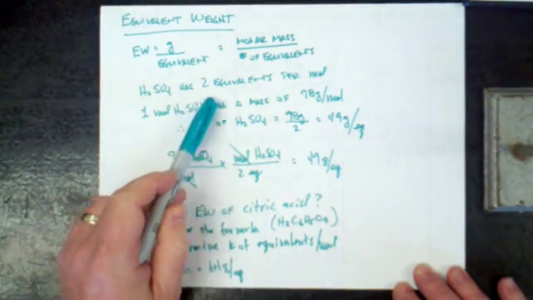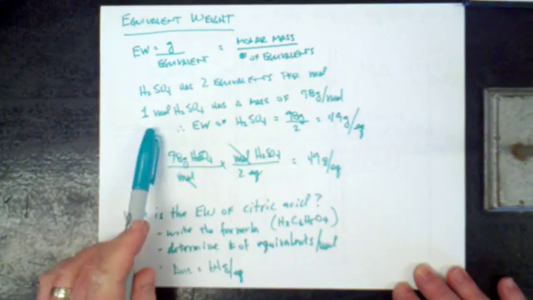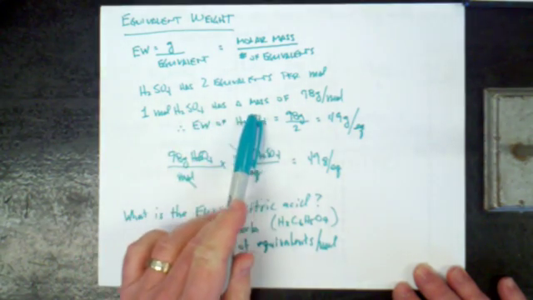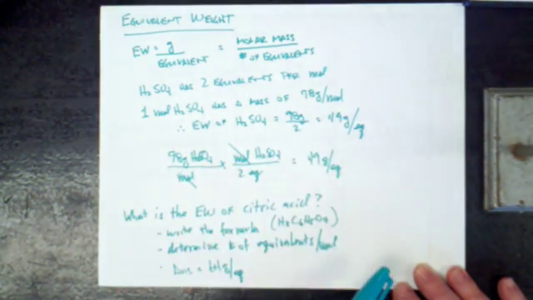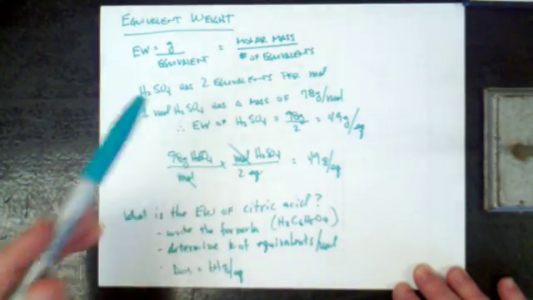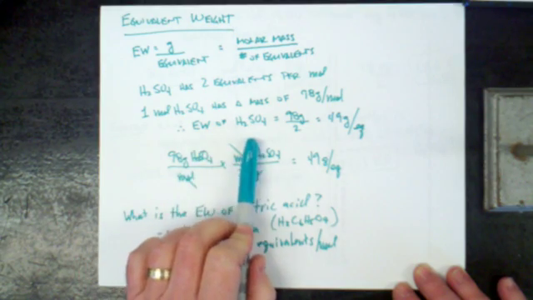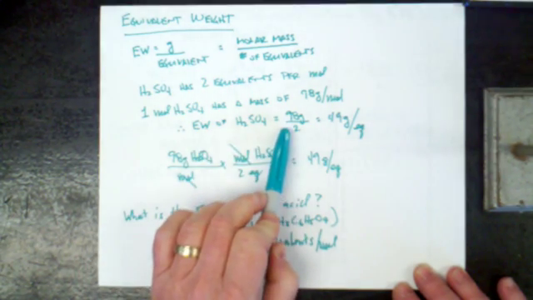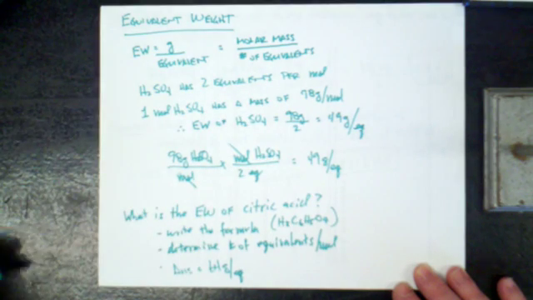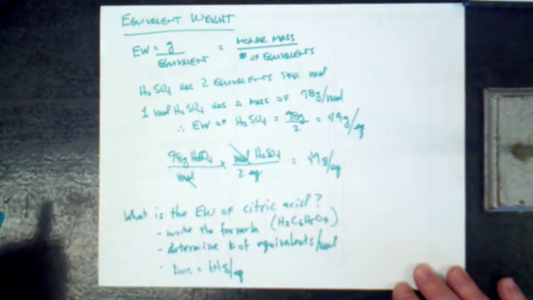So sulfuric acid has 2 equivalents per mole. Therefore, 1 mole of sulfuric acid has a mass of 98 grams per mole. You should be able to calculate that from 2 hydrogens, a sulfur, and 4 oxygens. So the equivalent weight of sulfuric acid is 98 grams divided by 2, or 49 grams per equivalent.